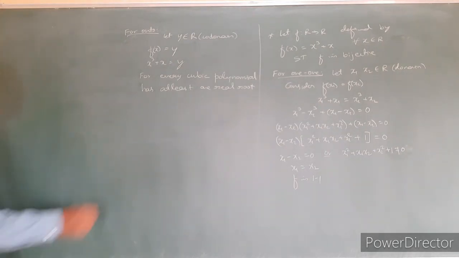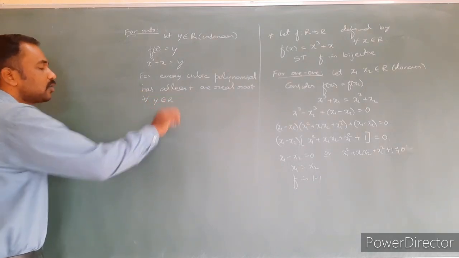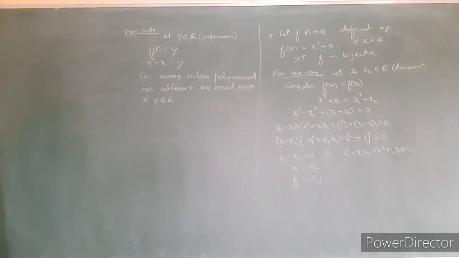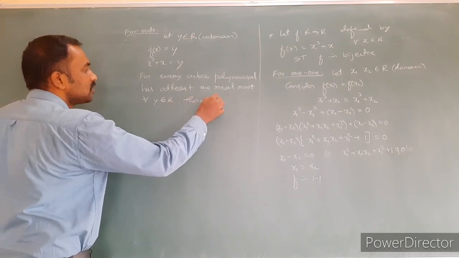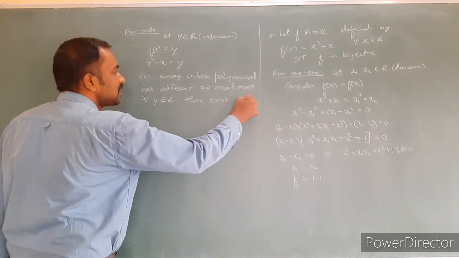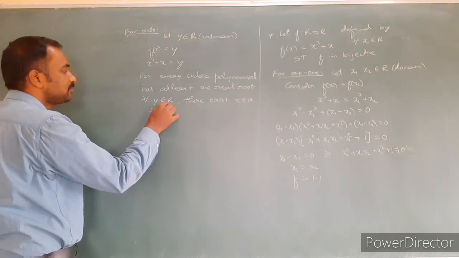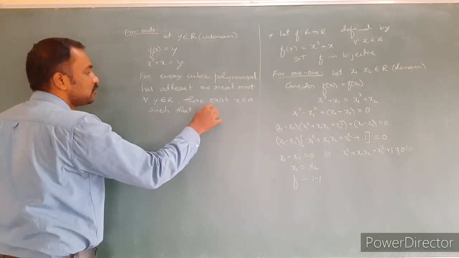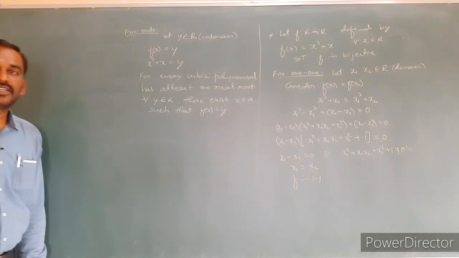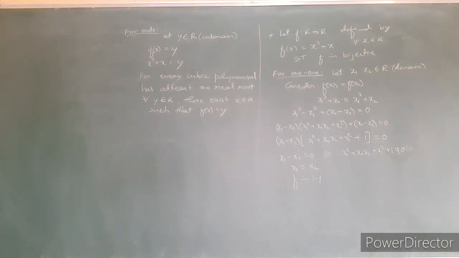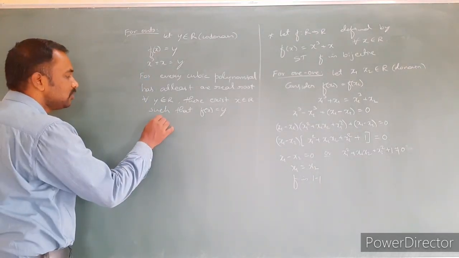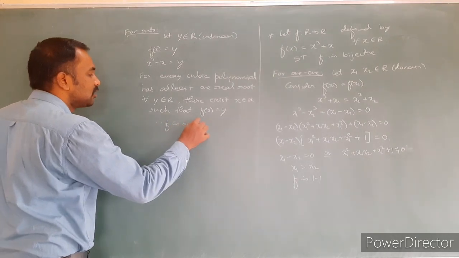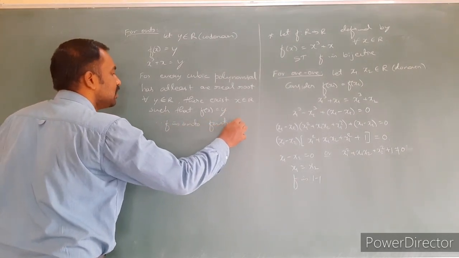For whatever y belongs to the codomain set R, there exists x belonging to R such that f of x is equal to y. From this we can obviously say that it satisfies the condition of onto. Then we can say that f is an onto function.